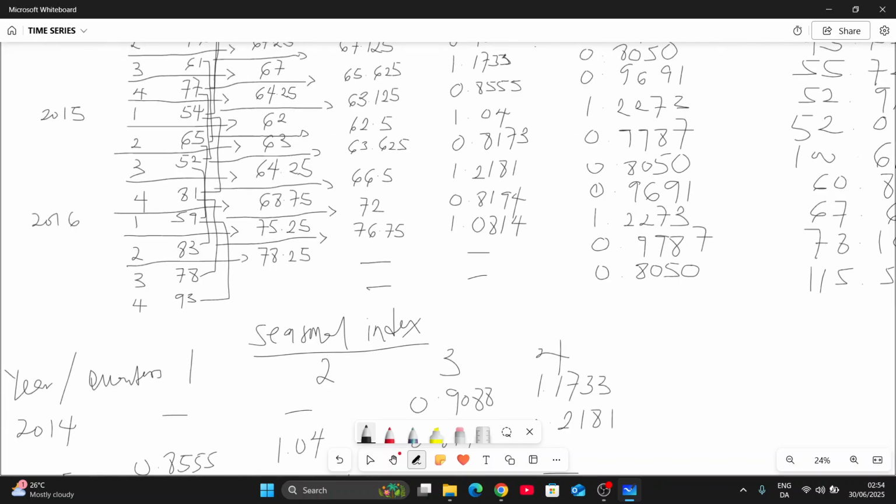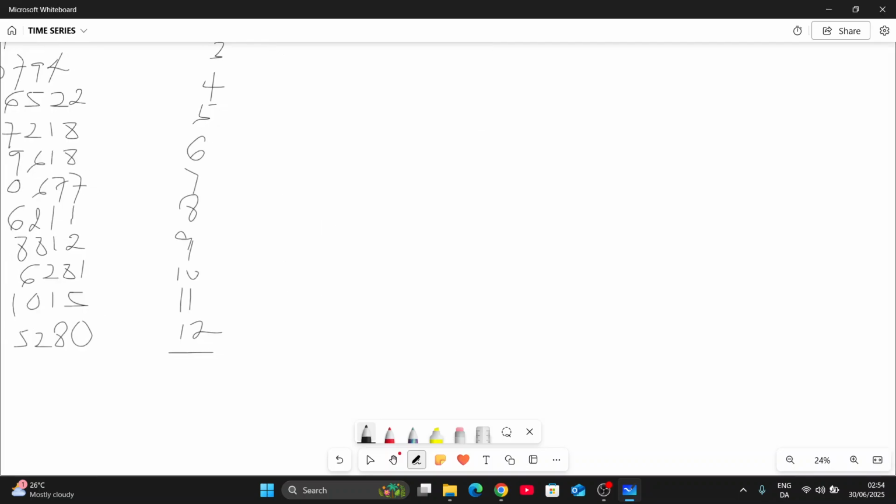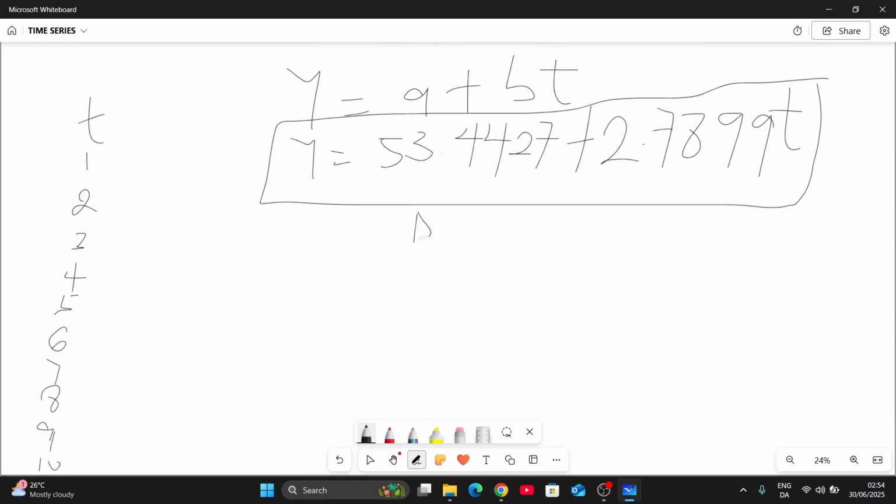So if we were to continue from 2017, the first quarter would have been T of 13, and we are to continue in that order. So based on this equation, whatever value we are going to get is the deseasonalized value for 2017.